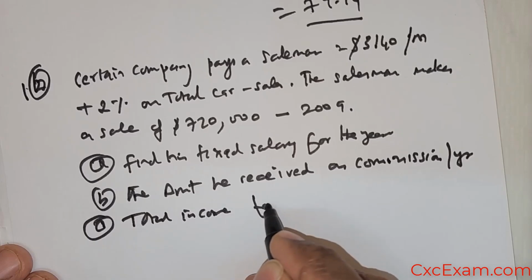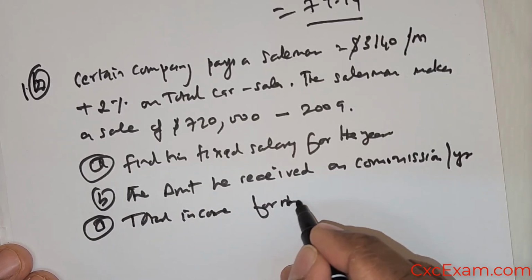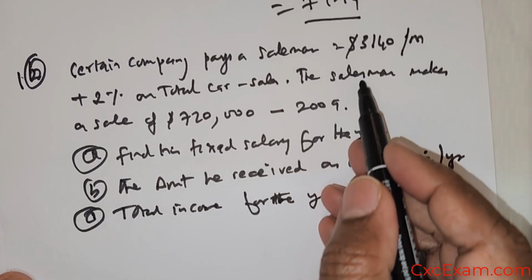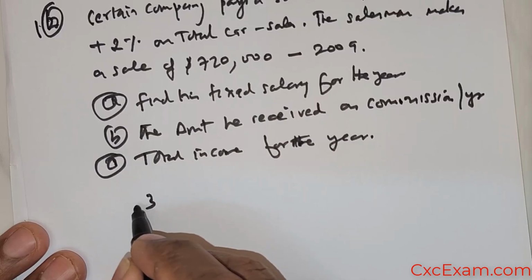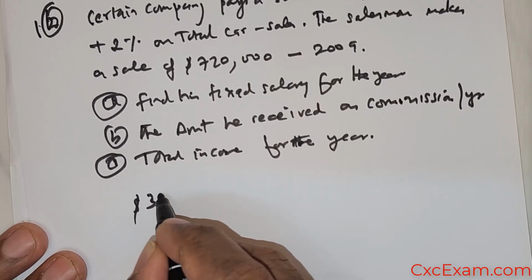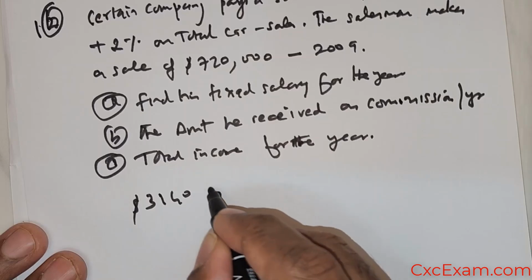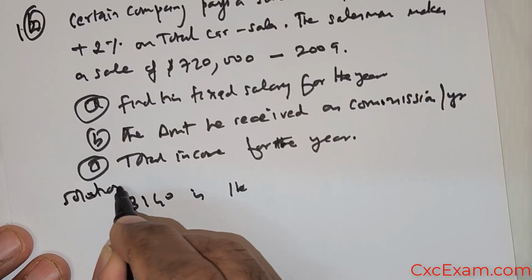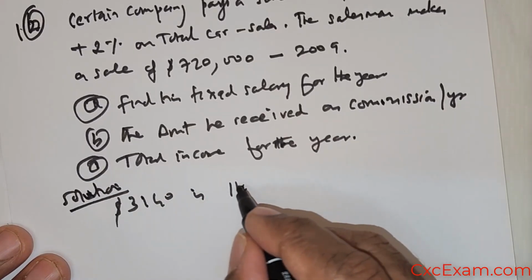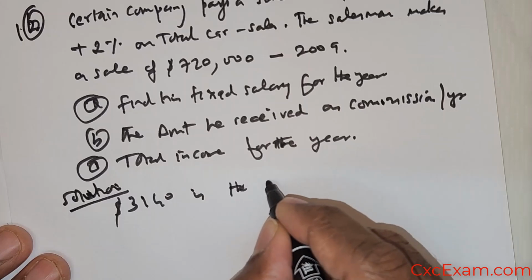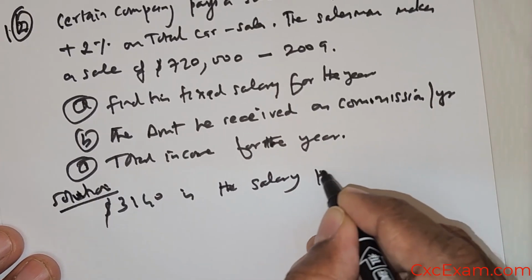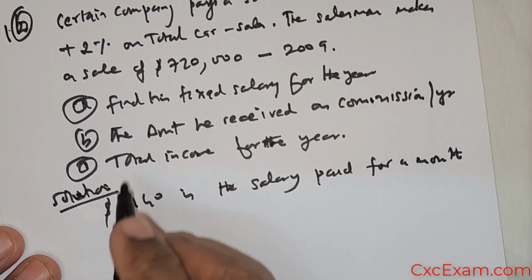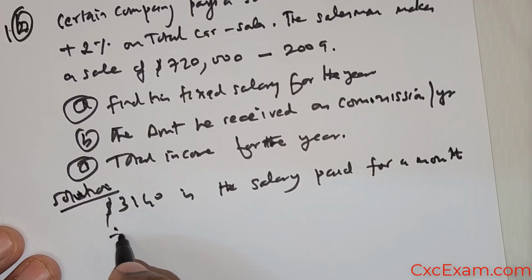So we have to get all this. Now, $3,140 is the salary paid for a month. So find the fixed salary for the year.